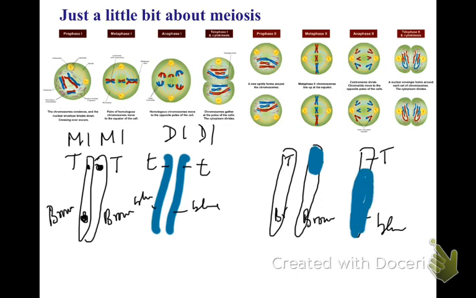So you see these two genes have kind of exchanged chromosome. This one and this one have exchanged themselves in this particular stage. Okay, so that is where you will have an exchange.